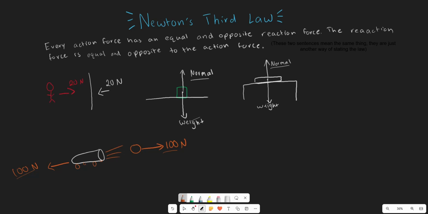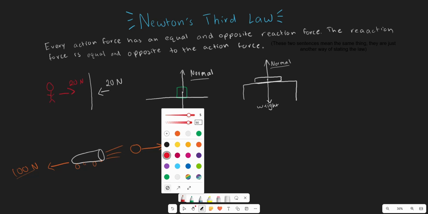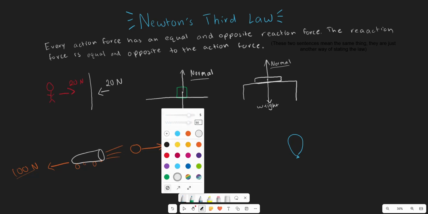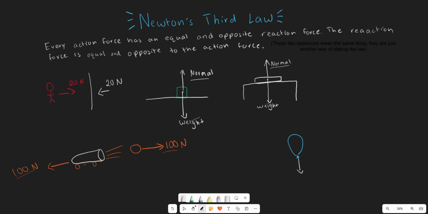And one last example. Let's say we have a balloon and you let go of it and there's nothing to tie it. The air from inside the balloon is pushing this way with a force.